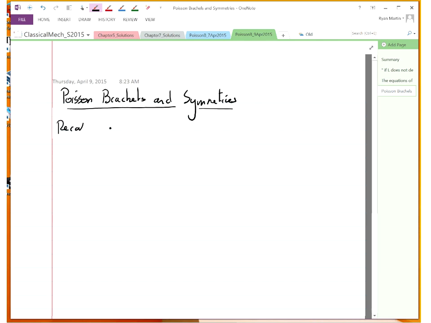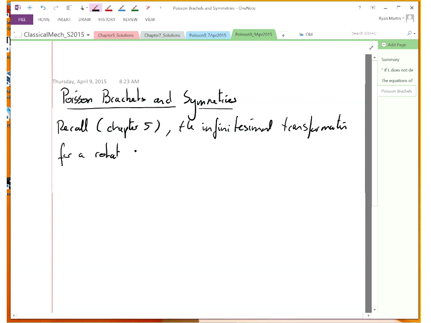So recall in chapter 5 the infinitesimal transformation for a rotation about the z-axis.